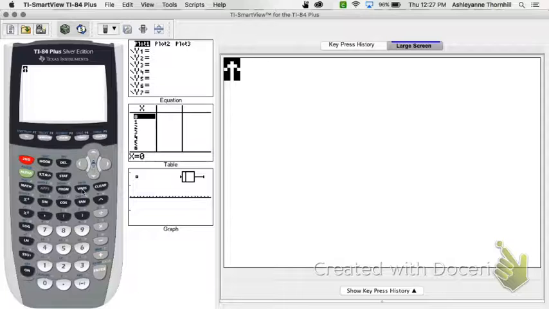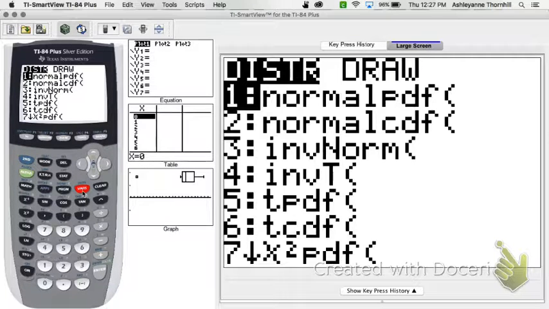And if you can't find vars, it's next to the clear button. Then scroll down to option number 2, which is normal CDF. Never choose option 1, PDF. It's going to give you 0 every time. I don't even know why it's on the calculator, but it is there. But we always use normal CDF.